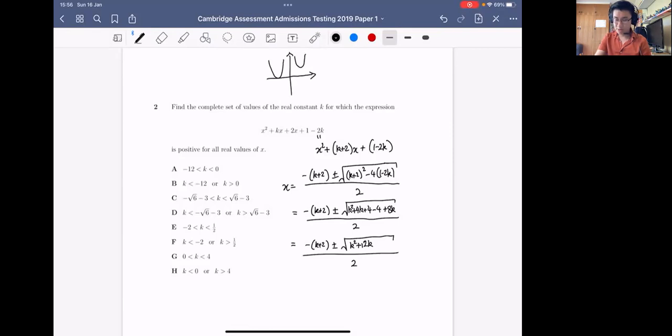Okay, so the discriminant is inside here. So that means k squared plus 12k should be, which is k factored out like that. So we have this inequality.